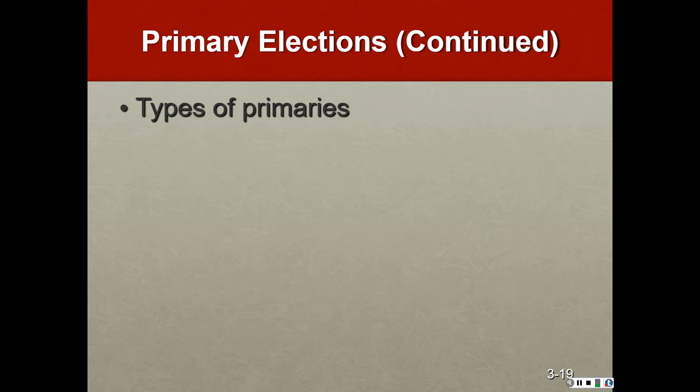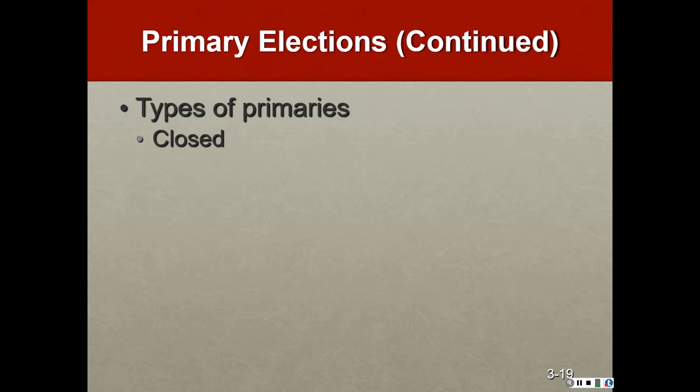While we're talking about types of primaries, there are two types of primaries. The first type is a closed primary. A closed primary is simply that to vote in that party's primary, you have to be a registered member of that party.